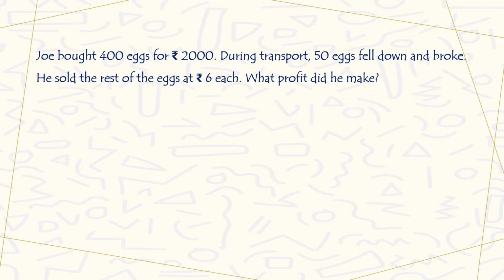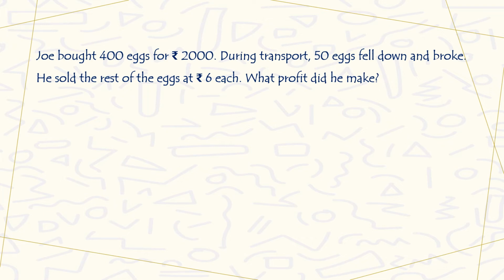Joey bought 400 eggs for rupees 2,000. During transport, 50 eggs fell down and broke. So Joey had bought 400 eggs for 2,000 rupees, and during transportation, 50 eggs fell down and broke. So how many eggs are left with him? 350 eggs are left. Okay. He sold the rest of the eggs for rupees 6 each, so you have to multiply by 6.